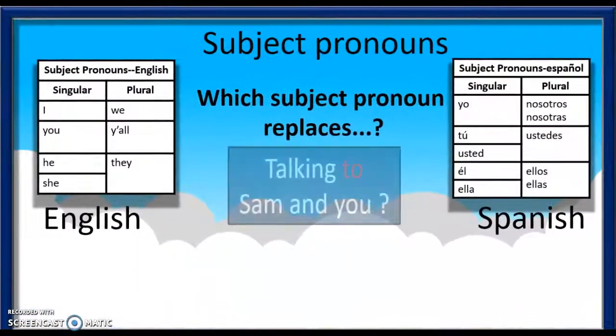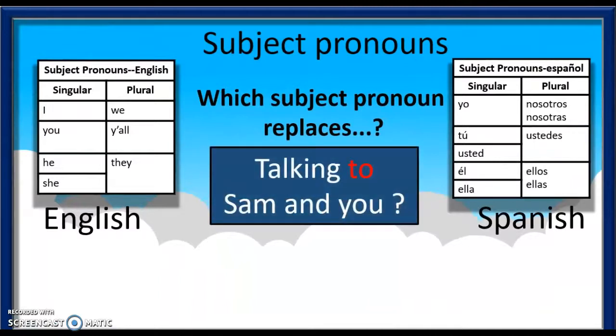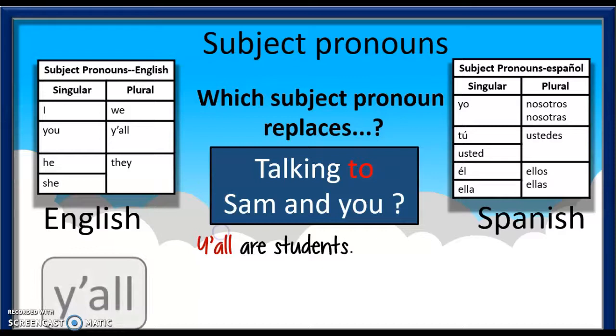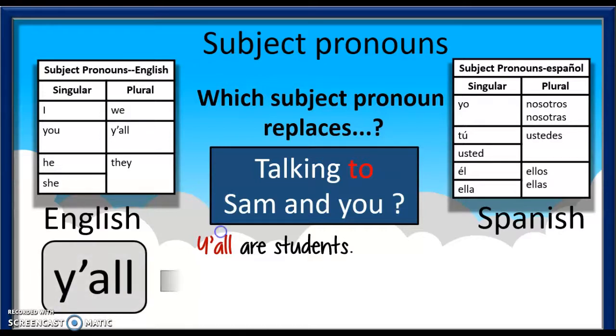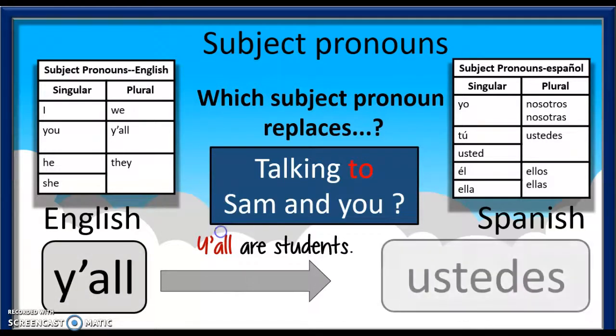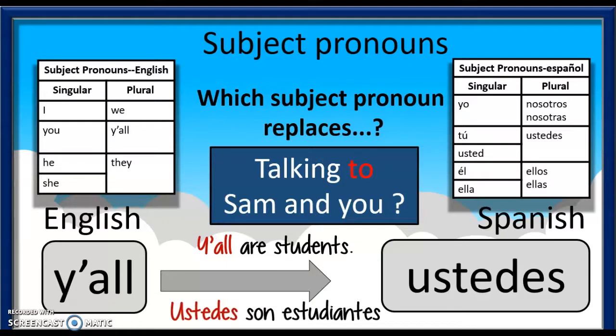Which subject pronoun would you use if you're talking to Sam and you? So in other words, you want to say, Sam and you, y'all are students. Well, English y'all, but in Spanish, there's an authentic word, ustedes. So you would say, ustedes son estudiantes.